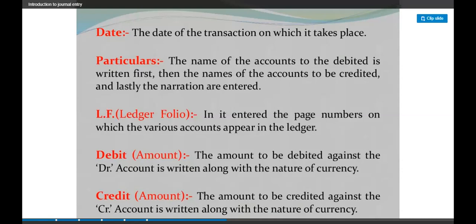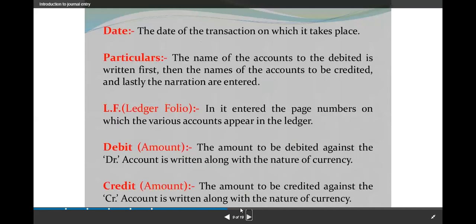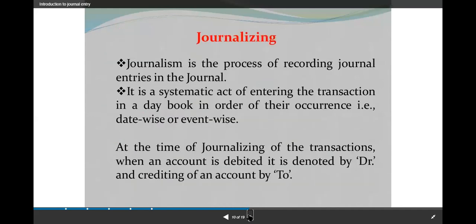Now just see this again. Date, particulars, ledger folio, debit amount. अगर कोई account debit है, debit will be written first. If anything is credited, credited will be written afterwards. So these are some of the explanation of date, particular, ledger, folio, debit and credit.